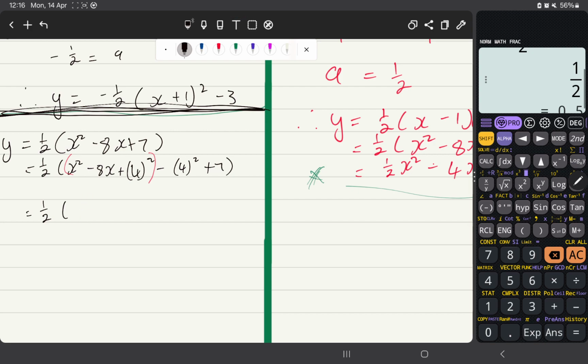With the first 3 terms, it's something interesting because that's where we're just gonna write x. This sign here is negative, so we go negative and we write the number we see here, which is 4. We don't have to think about the third step. Then we have minus 16 plus 7, so 1 over 2 x minus 4 squared minus 9.